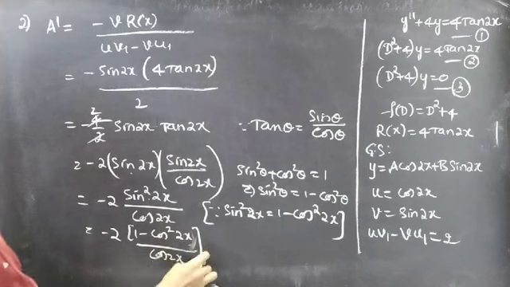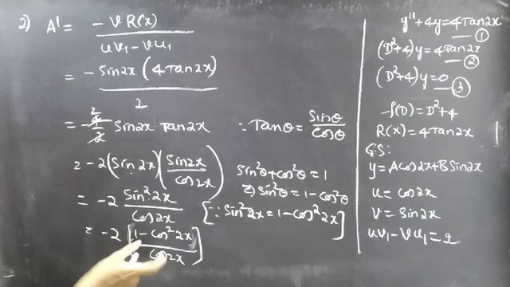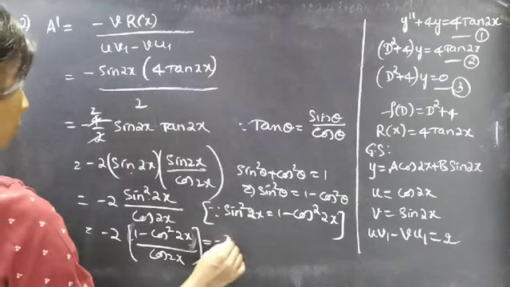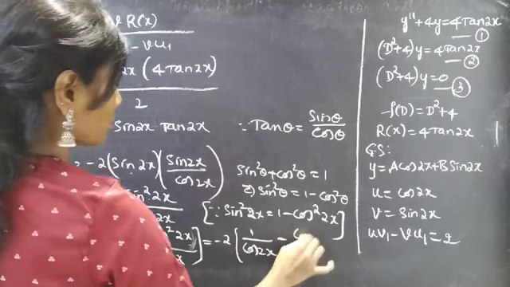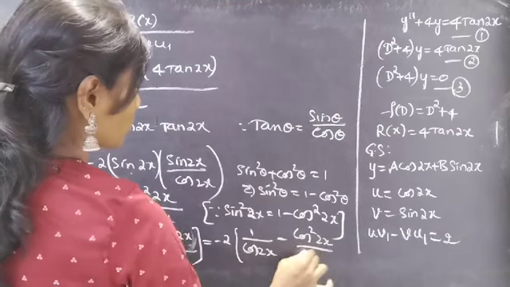We have 2 terms in the numerator and 1 term in the denominator, so we can split the expression into 2 terms. We get minus 2 times 1 by cos 2x minus cos square 2x by cos 2x.